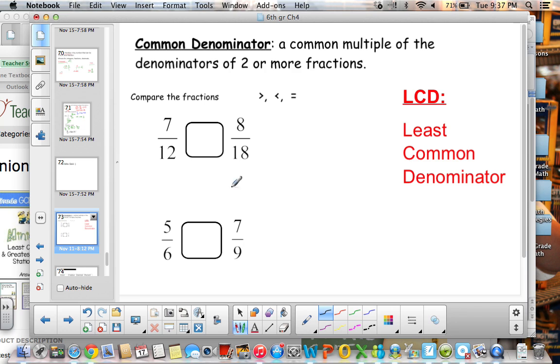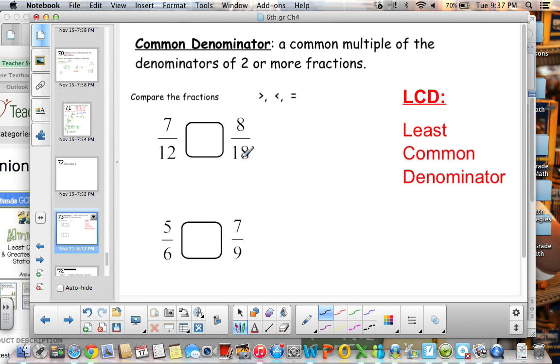If we have two fractions and we want to compare them, the easiest way to determine if one is greater than, less than, or equal to the other is to find a common denominator. Finding a common denominator is basically finding a common multiple of the denominators of two or more fractions.